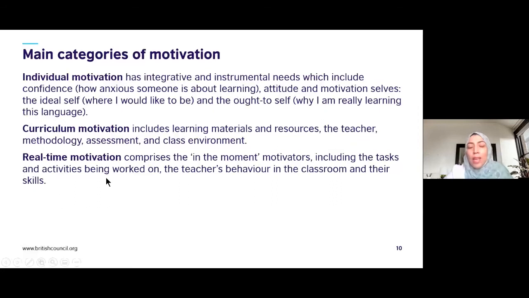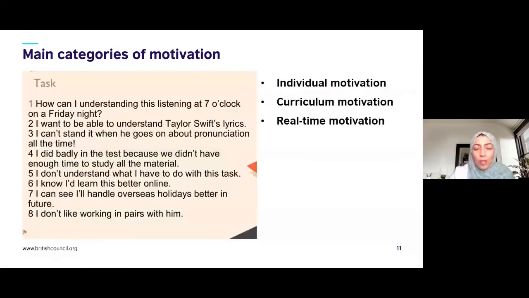Now, I have an exercise for you. On the screen, you can see a list of 8 statements. And I want you to match the statements to the right type of motivation. Is it individual, curriculum, or real-time motivation? Please send us your answers through the Q&A box.